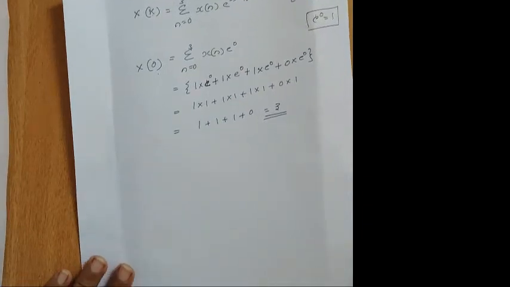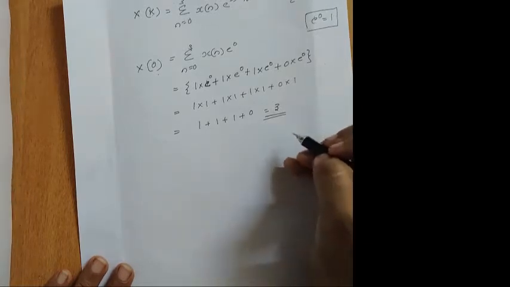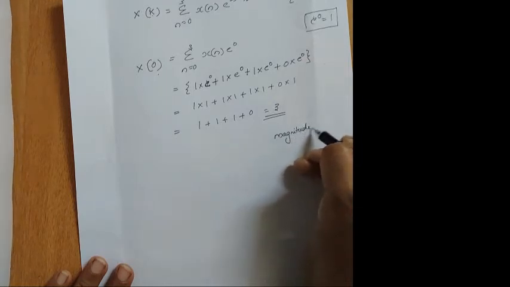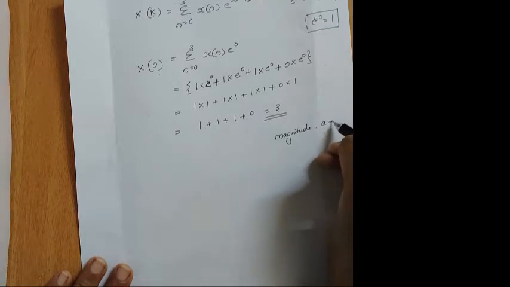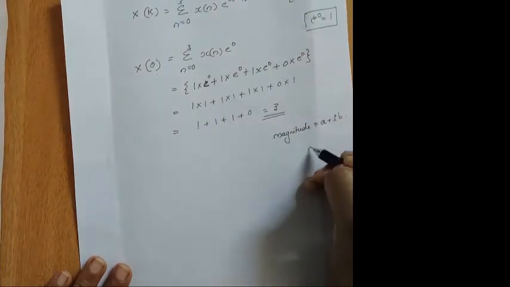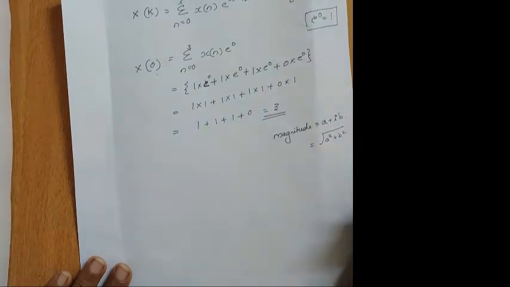Okay. In the same question I am telling you how to find the magnitude as well as the phase angle of this signal. To find the magnitude, in the equation form a plus ib, it is equivalent to the root of a squared plus b squared.